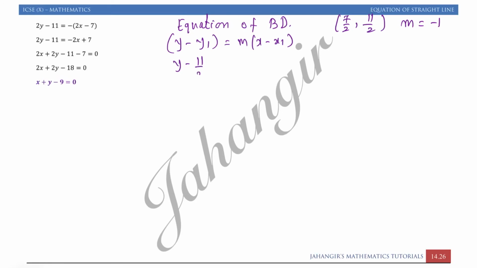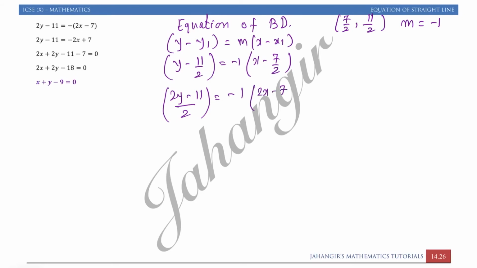y minus 11 by 2 is equal to minus 1 into x minus 7 by 2. Taking LCM, (2y minus 11) by 2 is equal to minus 1 into (2x minus 7) by 2. 2 will get cancelled. 2y minus 11 is equal to minus 2x plus 7.